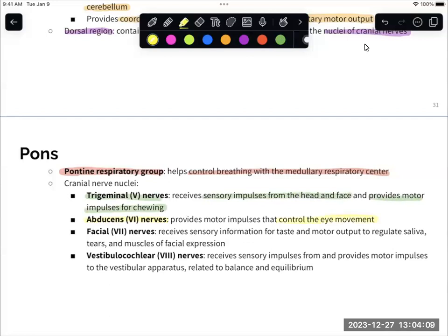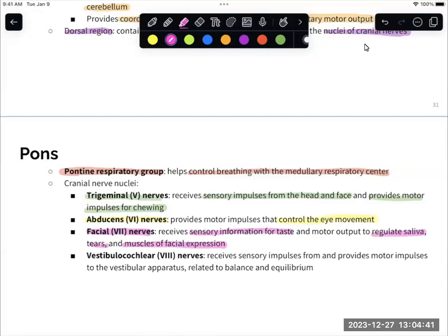So it's going to allow your eyes to move. We have facial nerve. Facial nerve, facial expression. Also saliva, does sensory for taste, and it does tears.